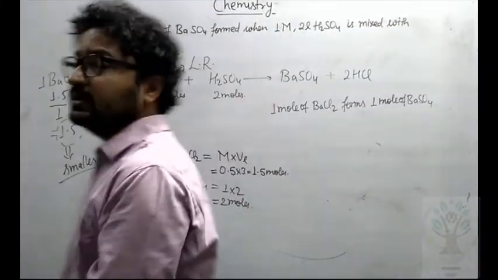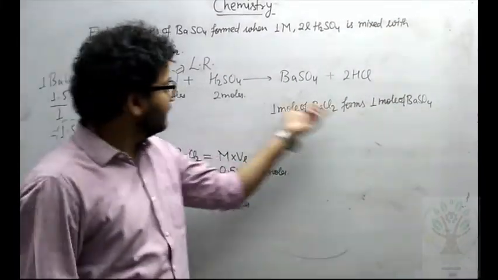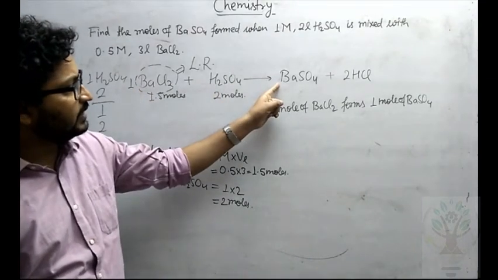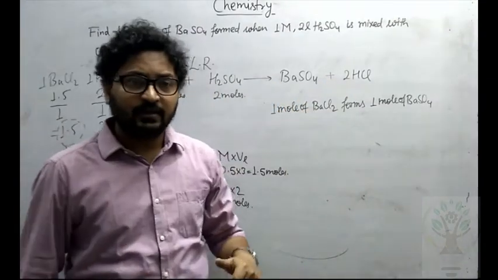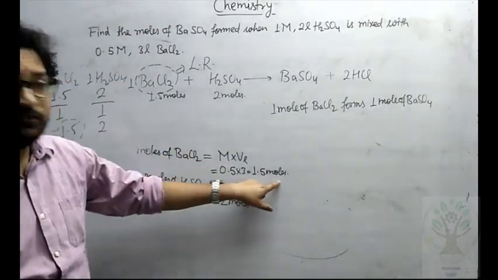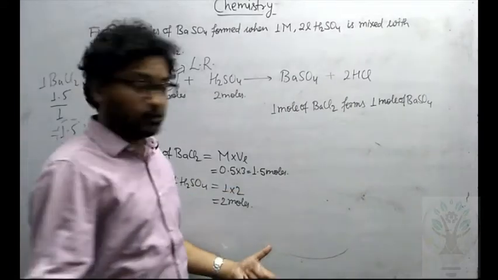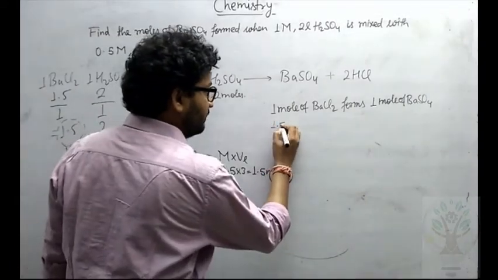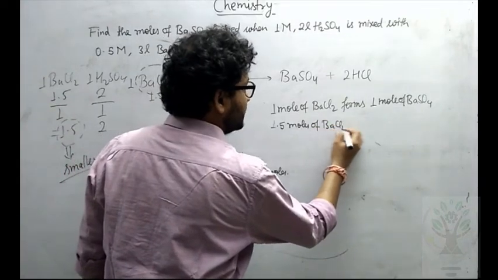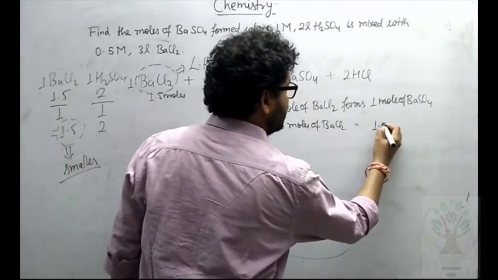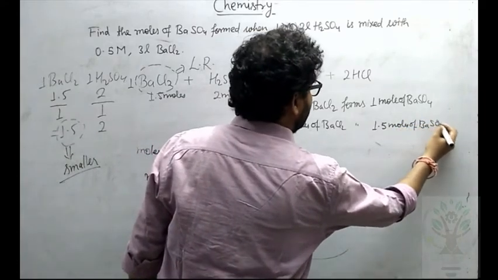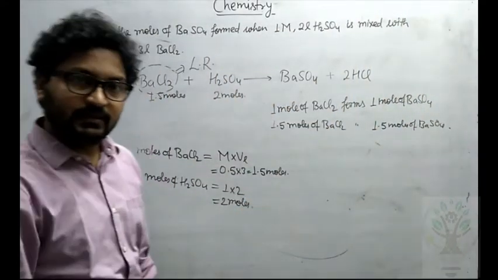Is this clear? It is written in the relation itself: 1 BaCl2 reacts with 1 H2SO4 to give 1 BaSO4 and 2 HCl. But do I have just 1 mole of BaCl2? No, I have 1.5 moles of BaCl2. This time I am rich. So 1.5 moles of BaCl2 will form 1.5 moles of BaSO4. Are you getting this?